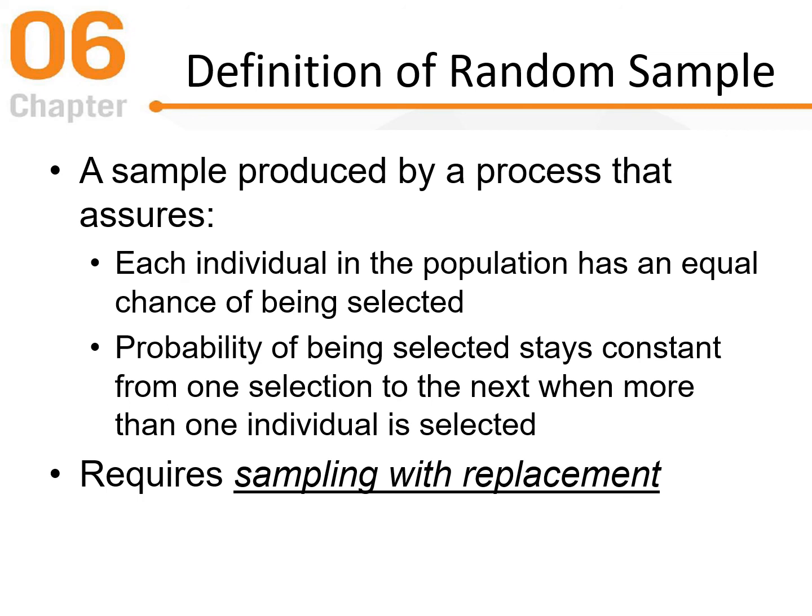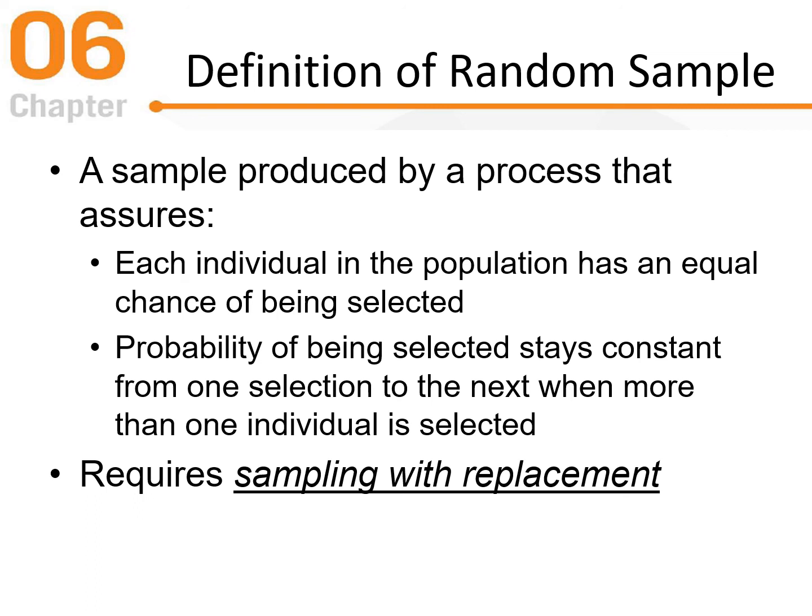We don't want to count them twice. If you're in the sample, we don't put you back into the group and select you again. You can only be selected once. So in psychology research, we sample without replacement, which means that the probability will change for each particular person you sample from the population.